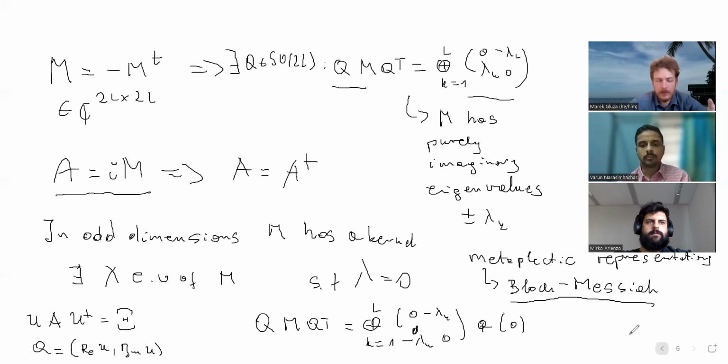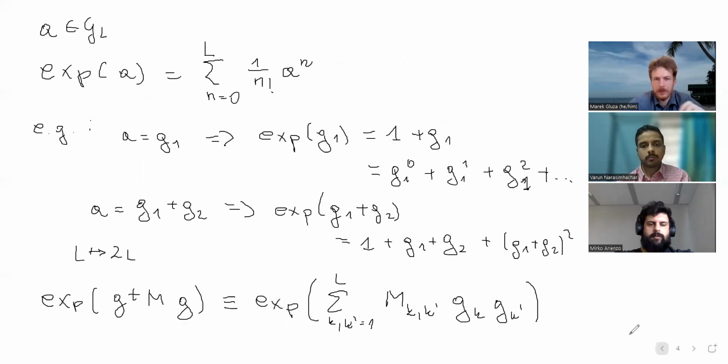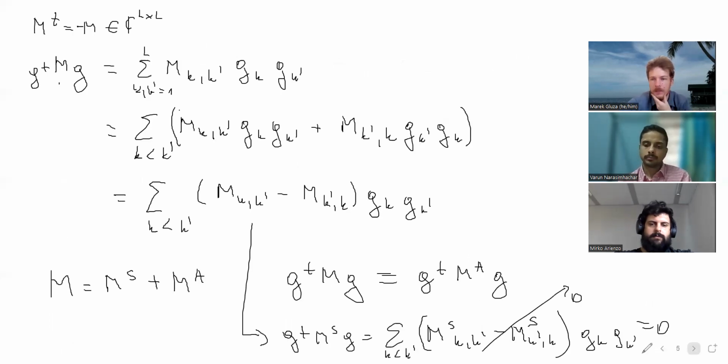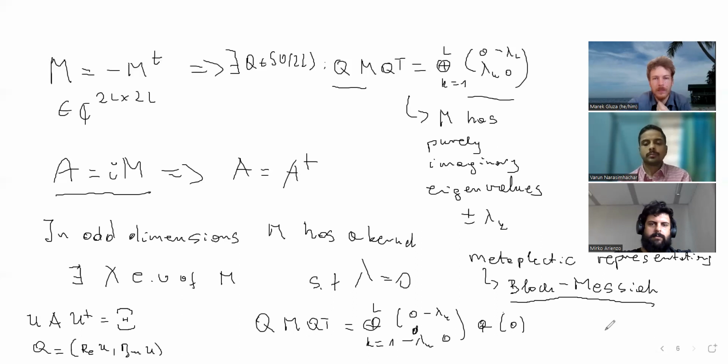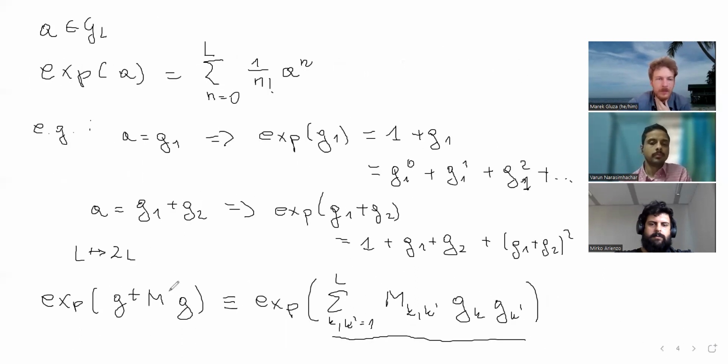Okay, so here we have this one. I was discussing now the quadratic forms, and that we can take them to be antisymmetric, and then I wanted to motivate why I want to consider from now on L to be actually 2L.